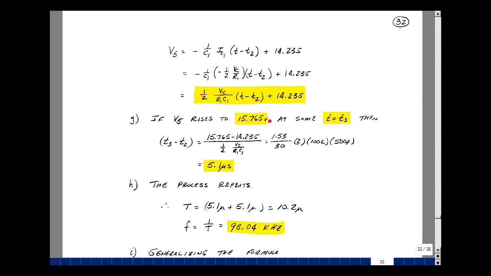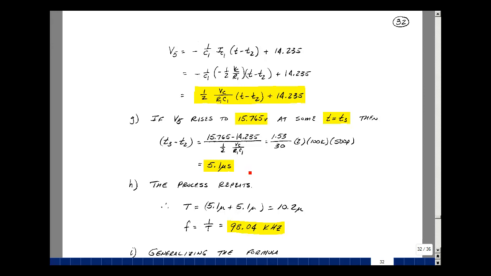Well, we can solve for it. Set V5 equal to 15.765, subtract the 14.235, and then divide by this stuff. So it's going to be 1/2 V sub C over R1 C1. Okay, V sub C is 30 volts, R1 C1 is 100k, 500 picofarads, and we can get 5.1 microseconds.